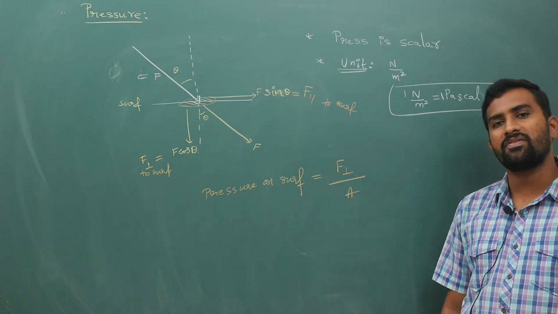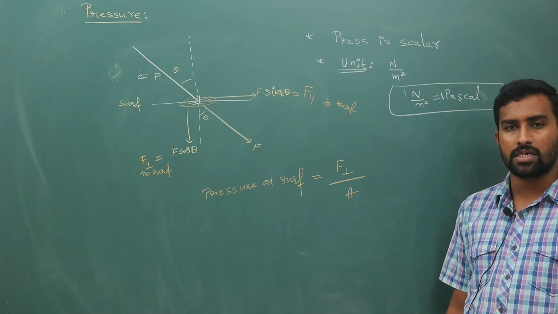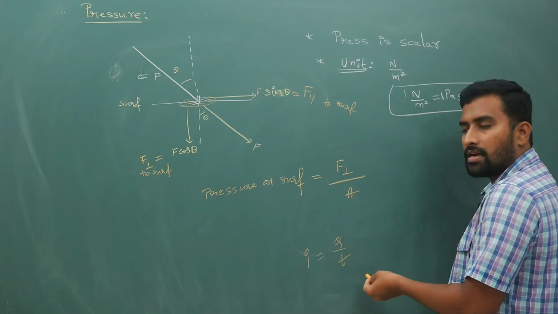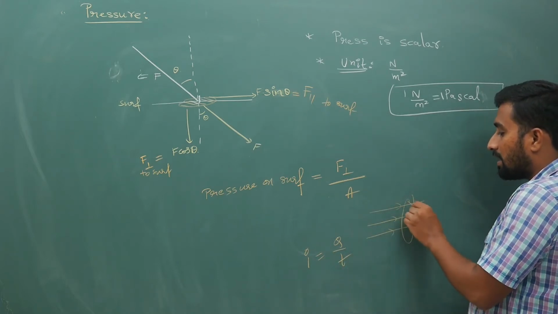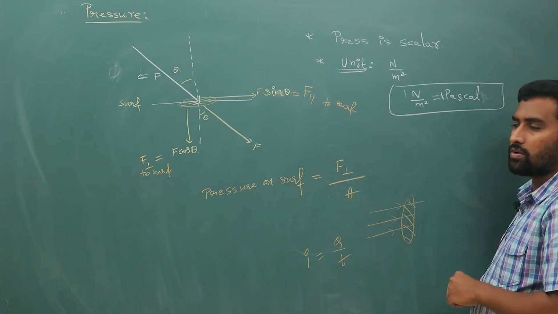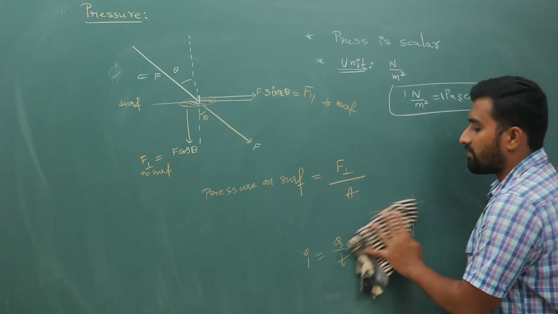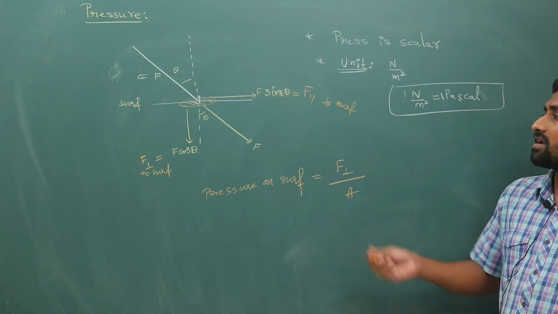Pressure is defined across an area, like how you define current across a cross section. Even though I use I equal to Q by T, we take an area and calculate across this area how much charge is going. In a similar way, on that particular area, how much force is being exerted perpendicularly on this surface.